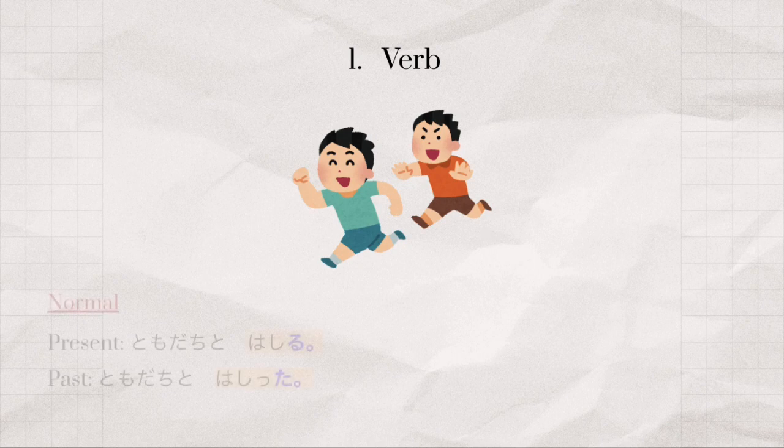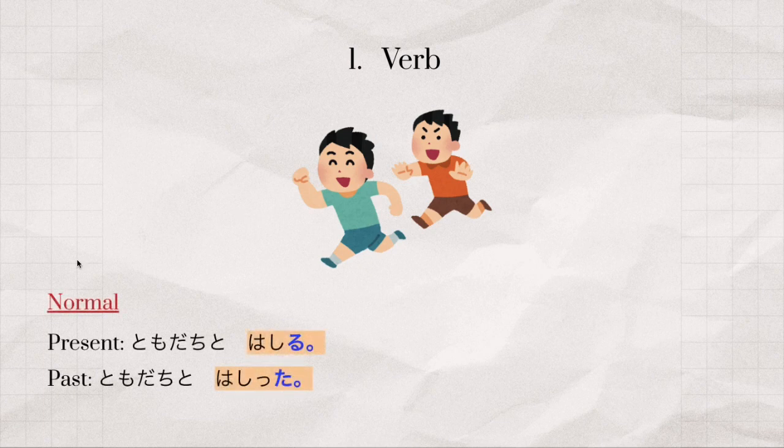So to say this in normal form, the present tense would be 友達と走る. 友達 is friend, because both of them are friends. And then if you want to say this in past tense, it will be 友達と走った.